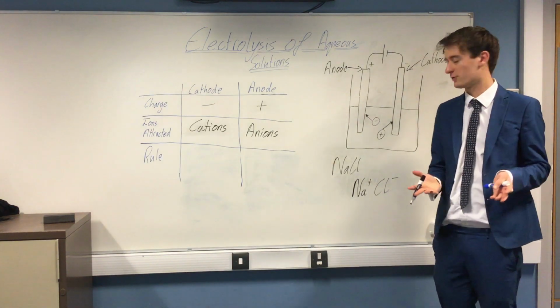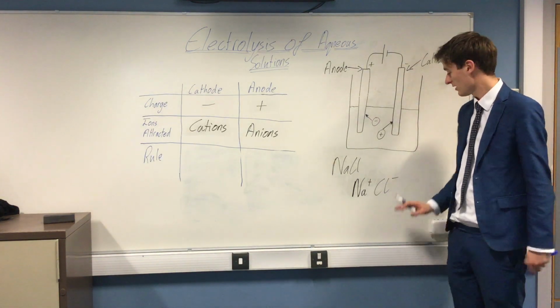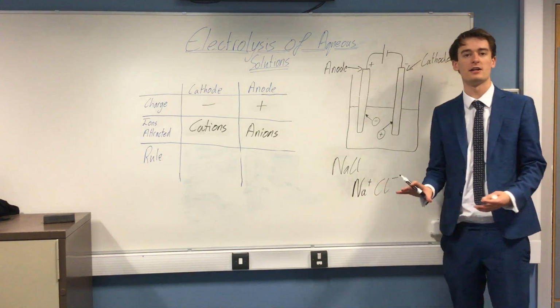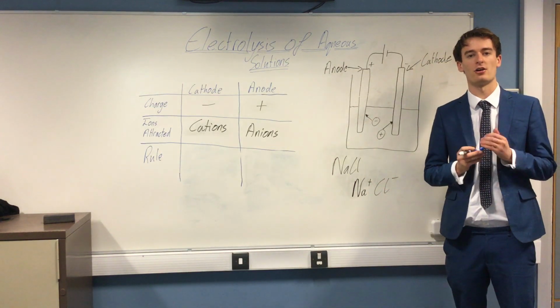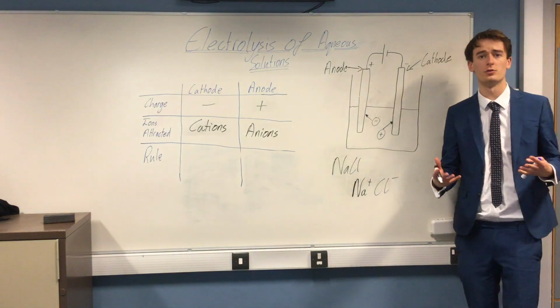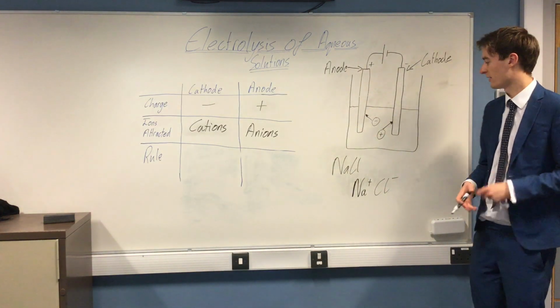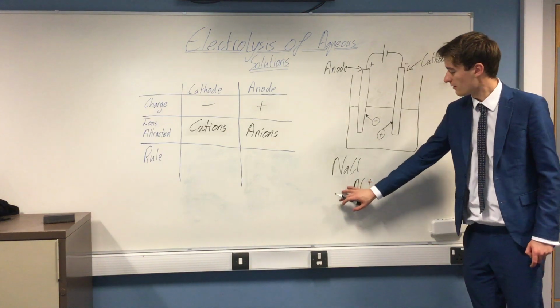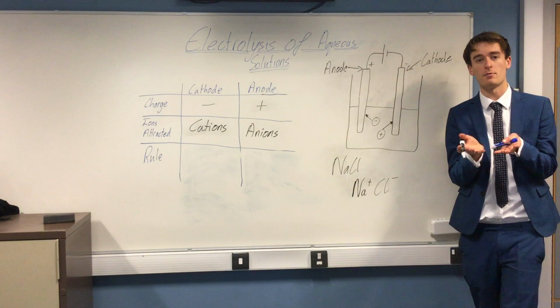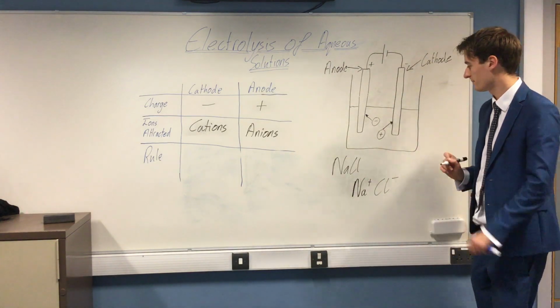It's now got a full outer shell, it's stable as an ion in its noble gas configuration, and Cl minus has gained that extra electron, giving it a full outer shell and also attaining noble gas configuration. By that I mean they have a full outer shell and they're stable just like the noble gases.